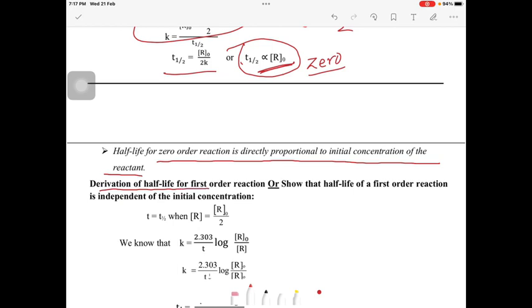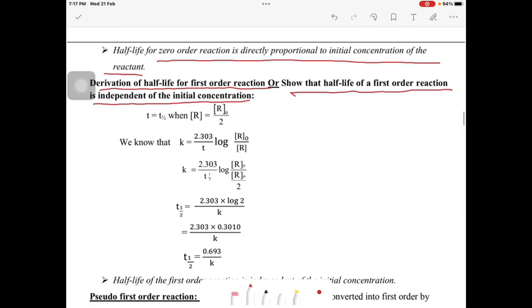Derivation of half-life for first order reaction. Show that half-life of a first order reaction is independent of initial concentration. Take the rate equation for first order reaction. Here [R] is equal to [R]0 by 2, t is equal to t half.